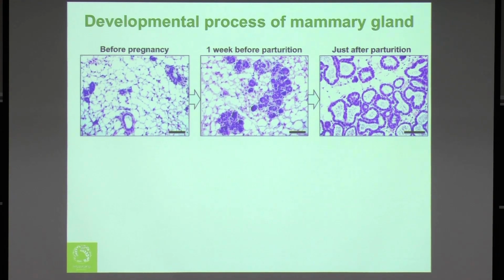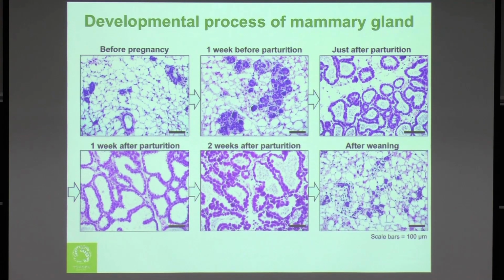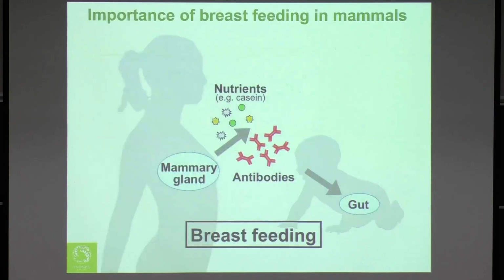But after parturition, the mammary gland alveoli structure is more matured, and becomes bigger, and then they start to produce milk. And then after weaning, the structure is immediately gone, and they stop producing milk.